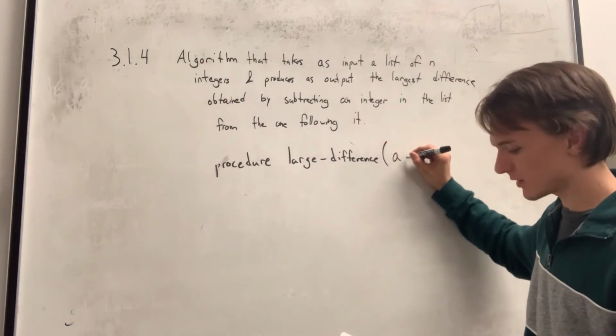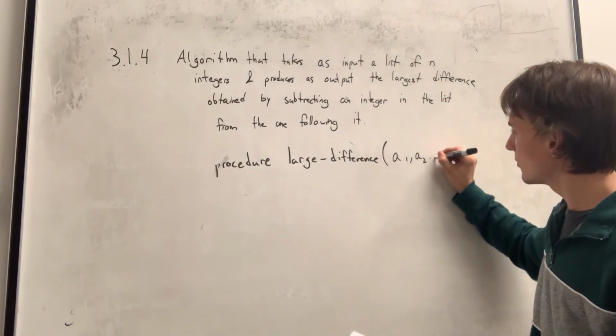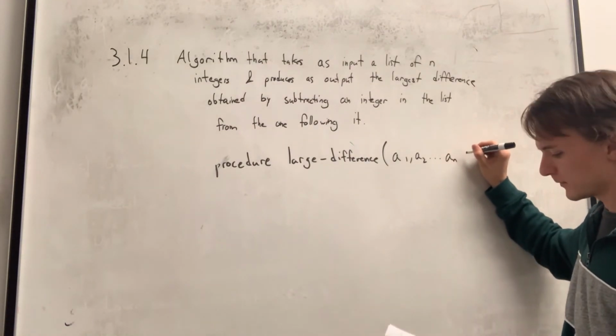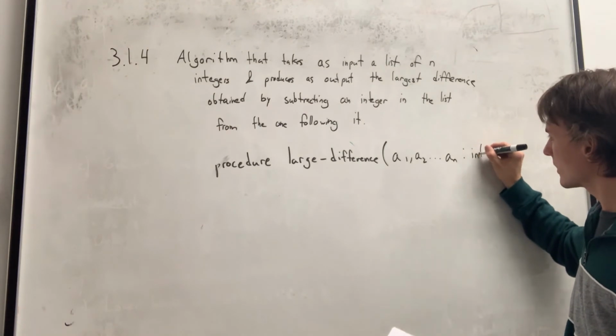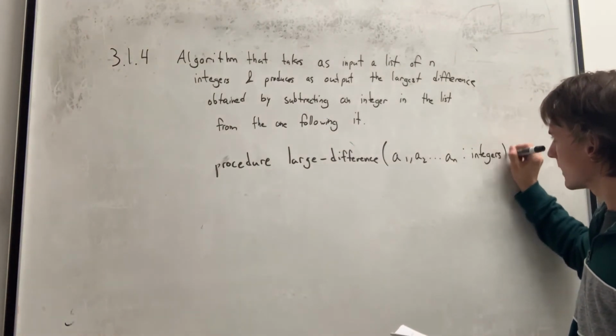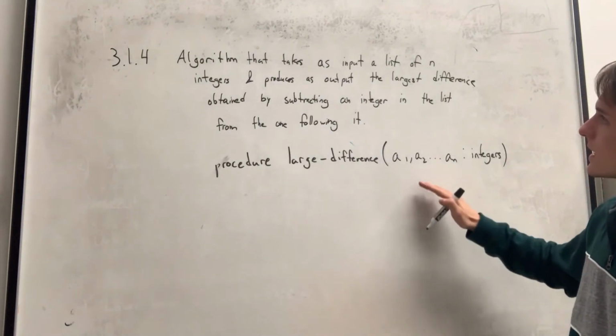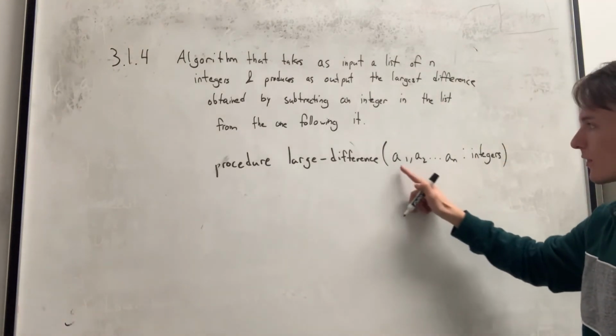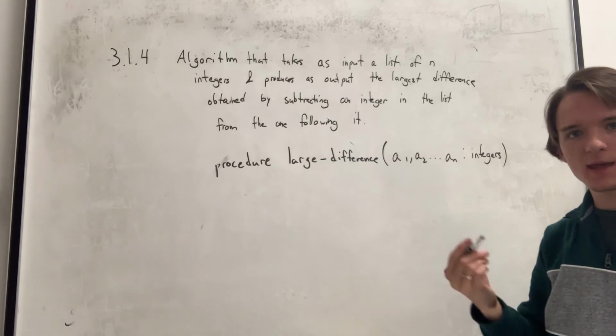So the first one in our set will be A1, A2, dot, dot, dot. That means it goes all the way to AN. And these are integers. And this is just given in the problem. It says, as input, a list of n integers. We have n integers here, from 1 to n, and we call them a.